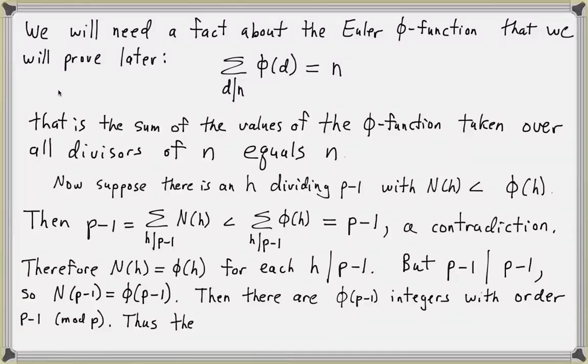Thus, there are phi of p minus 1 primitive roots mod p. So not only have we shown that for every prime number there are primitive roots mod p, we actually know how many there are. There's phi of p minus 1 primitive roots mod p for any prime p.